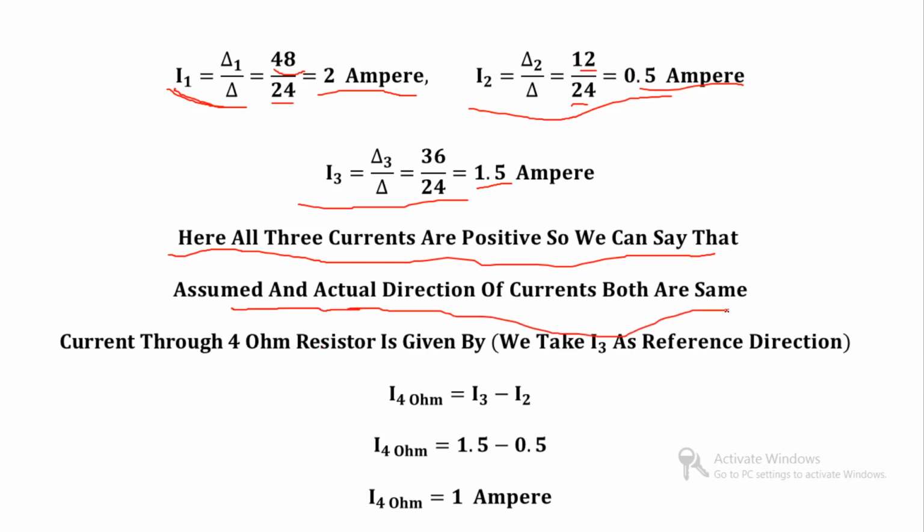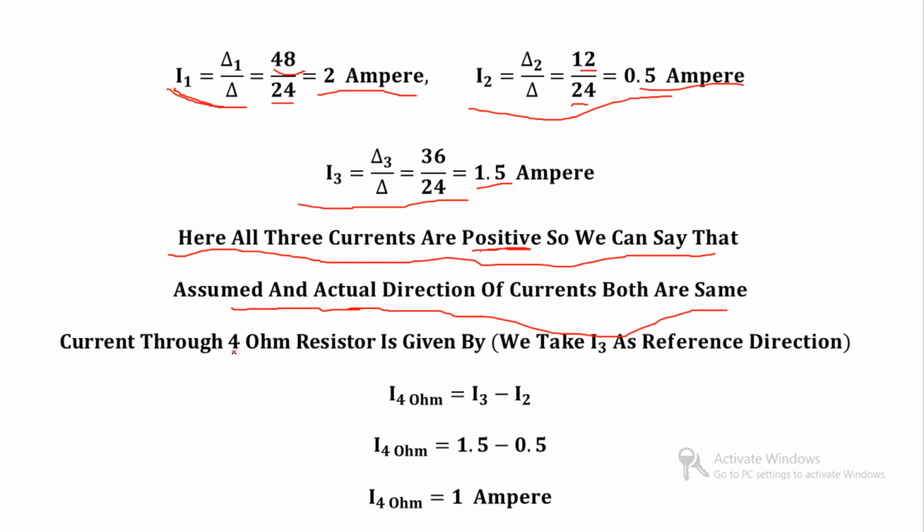If you see my previous video, I have mentioned that the assumed direction and actual direction will be the same if the sign is positive. If the sign is negative, that means the actual direction of flow and assumed direction are opposite. So now here the direction will be the same because all the currents are positive.